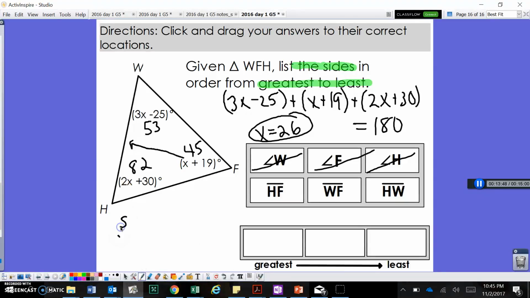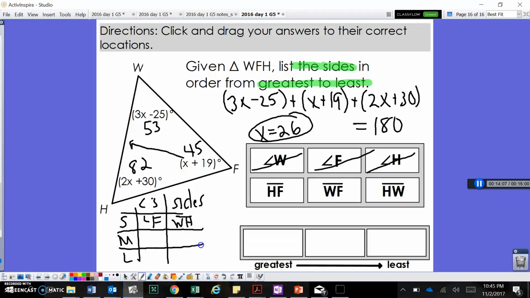So, I have small, medium, large, the angles, and the sides. The smallest we said was angle F, which is WH. Our medium was angle W.